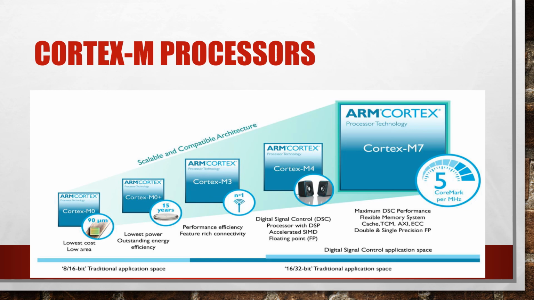Going to the right it becomes more complex and higher performance. If you look here, in the beginning it is just lower cost and lower area, and then it started to be used for digital signal control applications.